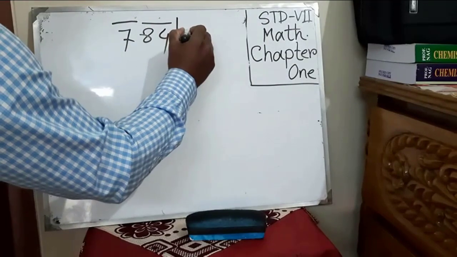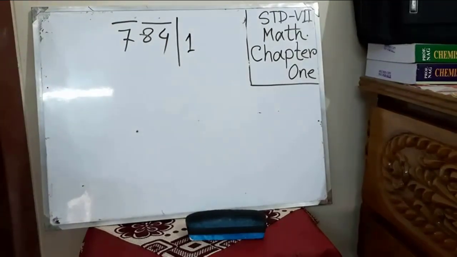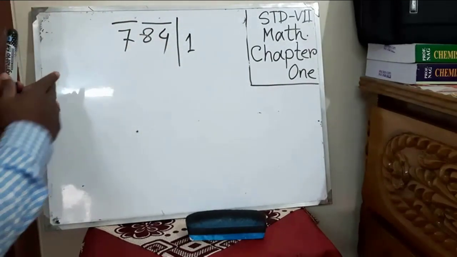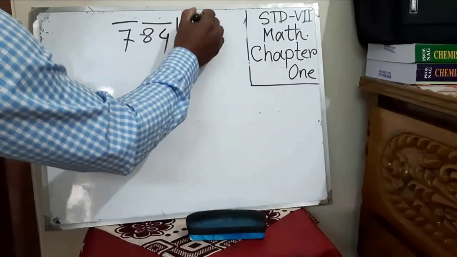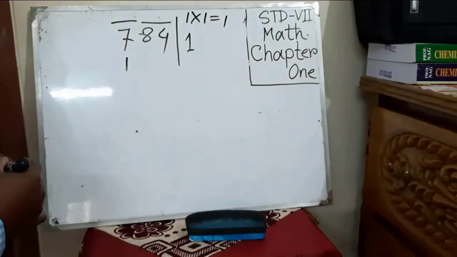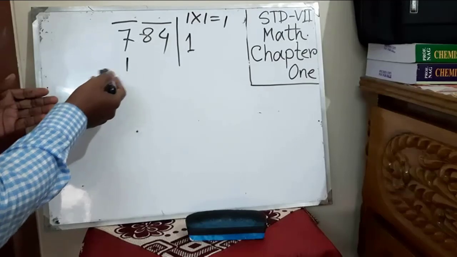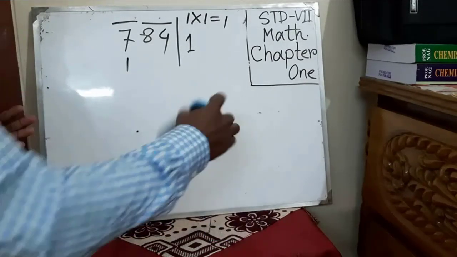If you write 1, whatever the digit is, you will multiply it by the same digit. Suppose you write 1, so 1 times 1 is 1. The product will be there. But look, it seems this number is very small, so we can check with another digit.